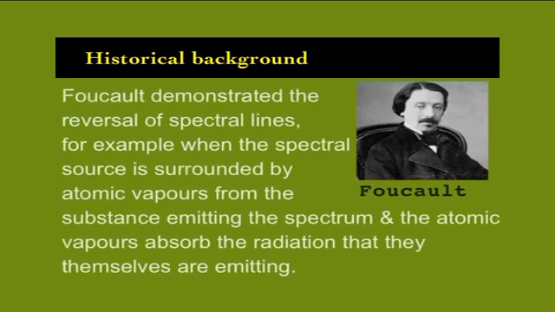Foucault demonstrated the reversal of spectral lines, for example, when the spectral source is surrounded by atomic vapors from the substance emitting the spectrum and the atomic vapors absorb the radiation that they themselves are emitting.